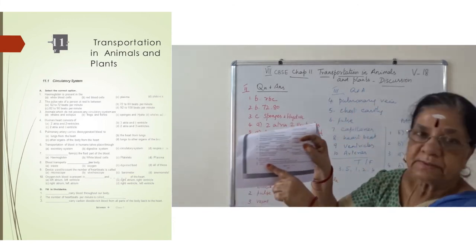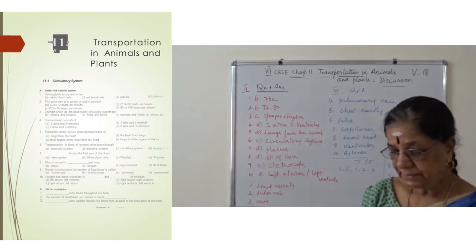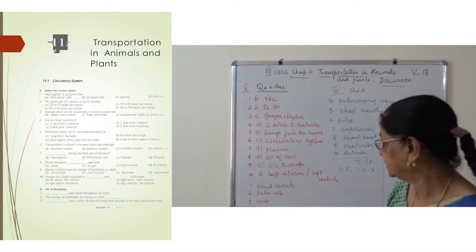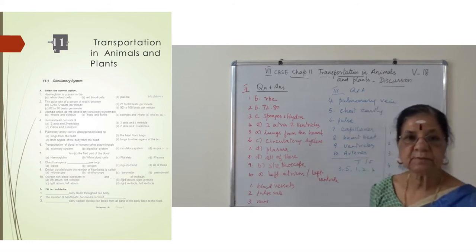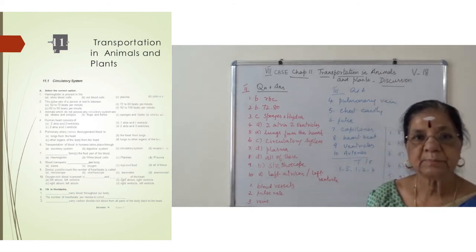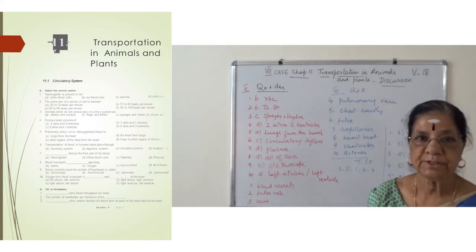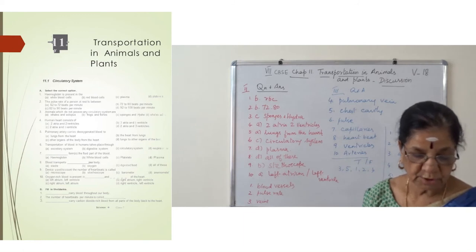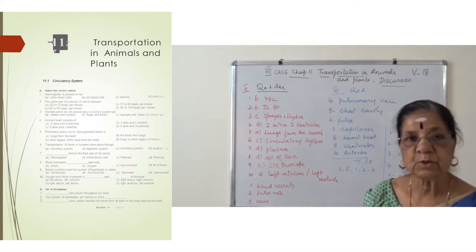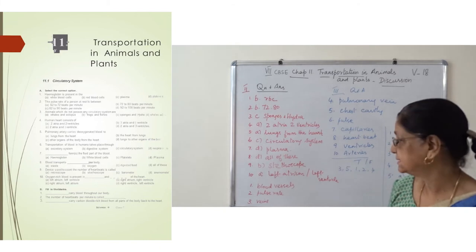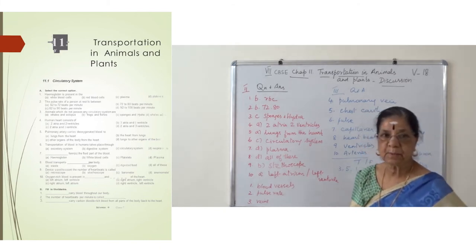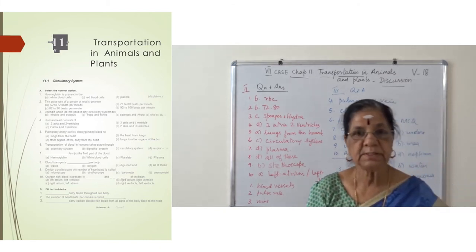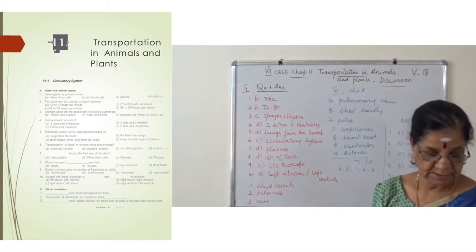Then the last part, fill in the blanks. Blood vessels carry blood throughout the body. I hope you understand. Then the number of heartbeats per minute is called pulse rate.